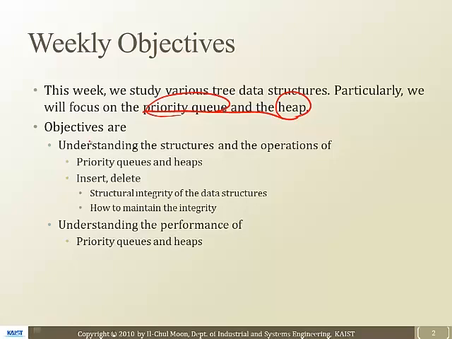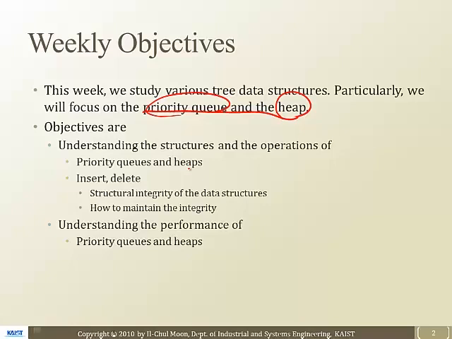So the objectives are these. Understanding the structures and the operations of priority queues and heaps. At this point, you have pretty well understood that if you want to use a certain data structure, you have to understand its structure and its operations.